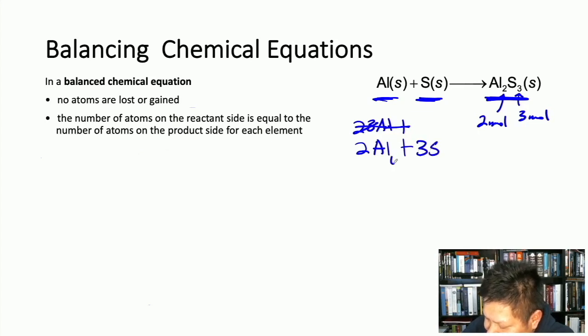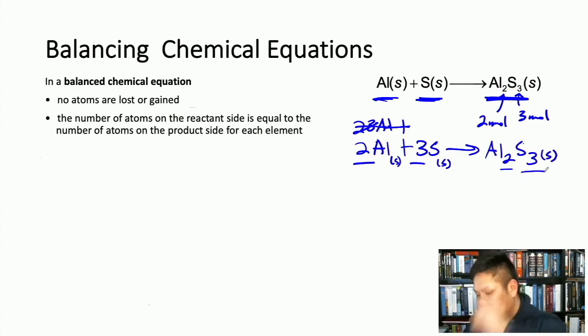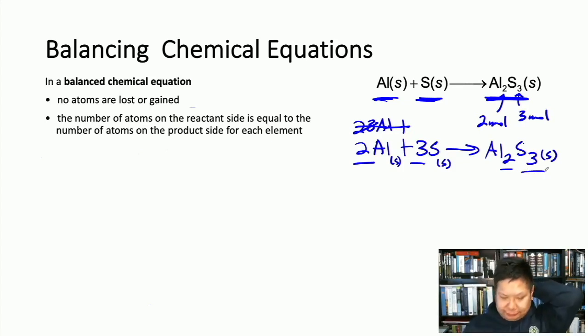And don't forget your states, those are important. And that makes aluminum sulfide, which is also solid. And now you're balanced. 2 aluminums on both sides and 3 sulfurs on both sides.